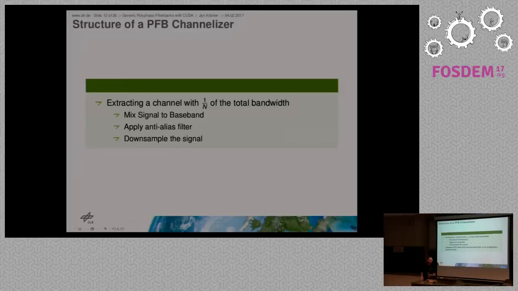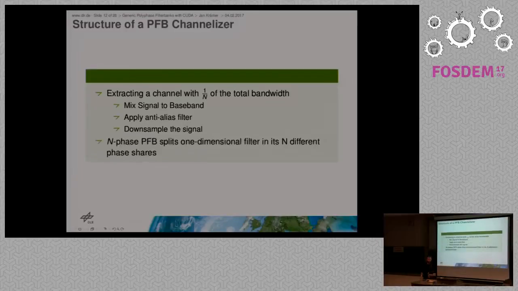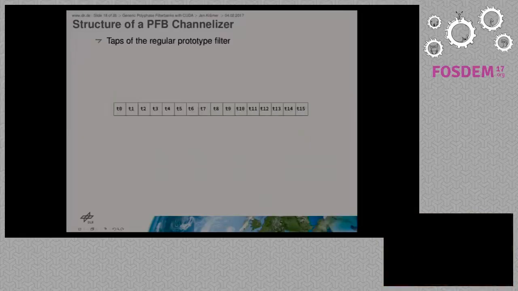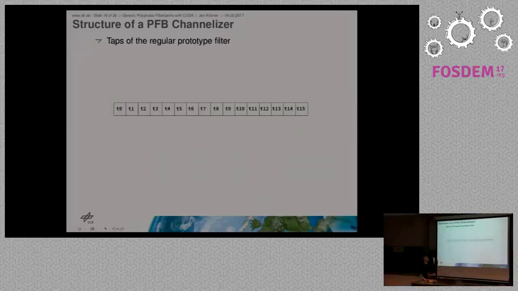So the polyphase filter bank basically takes your filter taps or your filter impulse response and then splits them into the N different phase parts that the filter has, which I will show you in a second. So this is a tap representation of your filter, right? You have 16 taps from tap 0 to tap 15. And normally you would just shift your signal through that in one go, serially, and then you get the output.